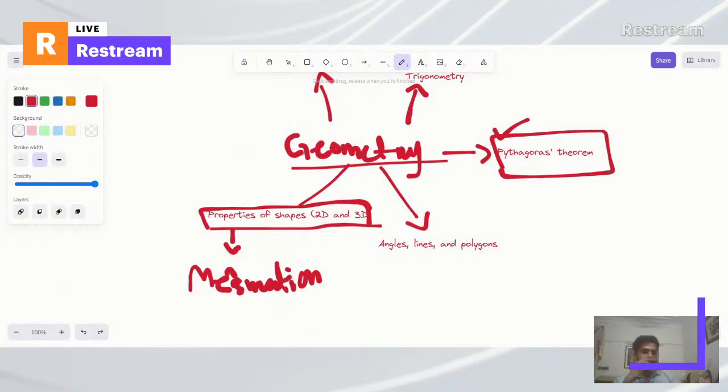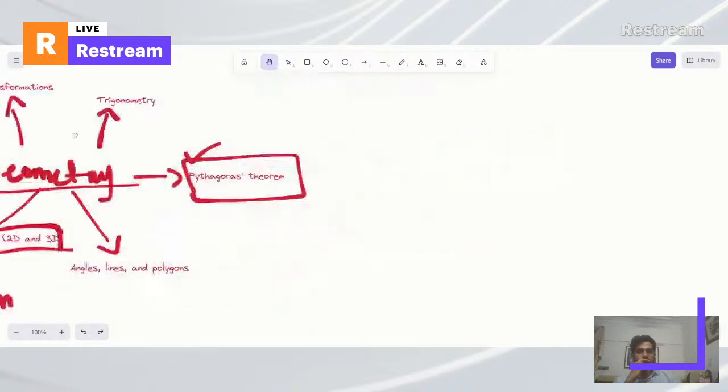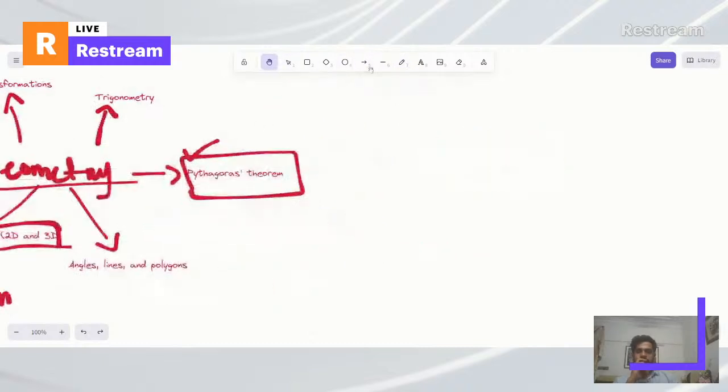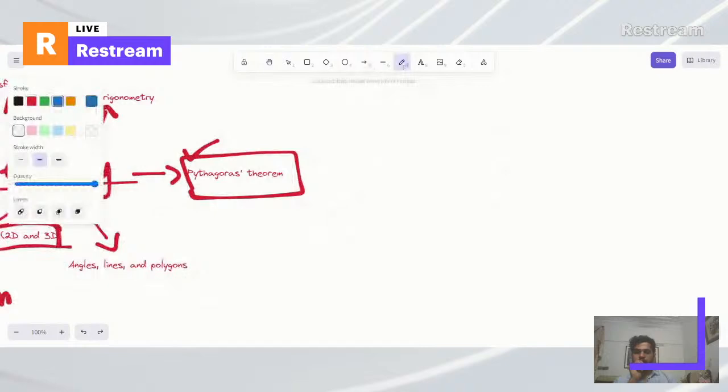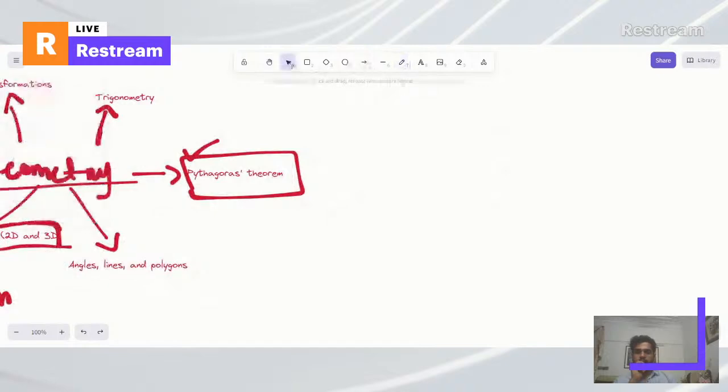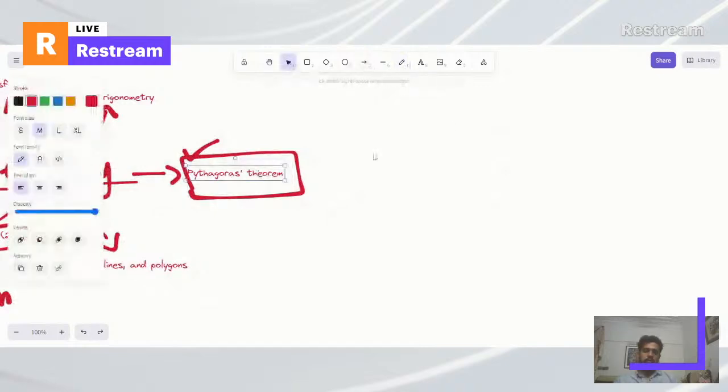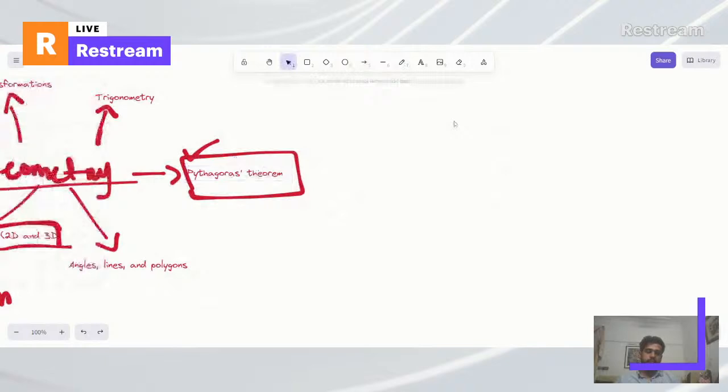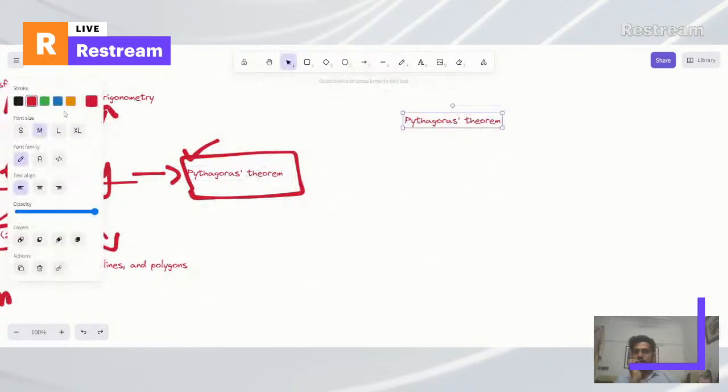Regarding the previous topic, if you have any issues, anything that you did not understand, feel free to ask me right now. Now let's start off with Pythagoras theorem. So what's Pythagoras theorem?